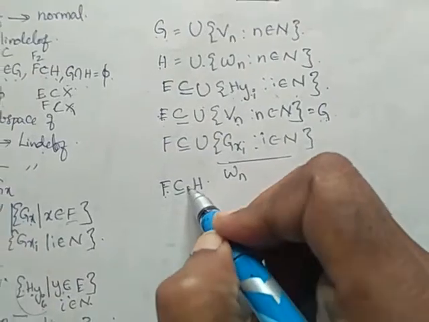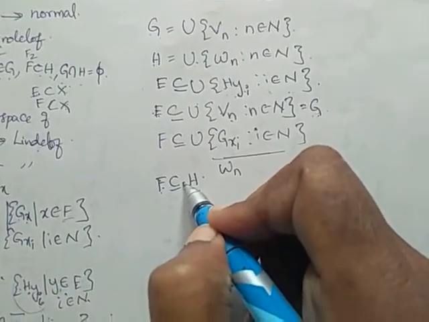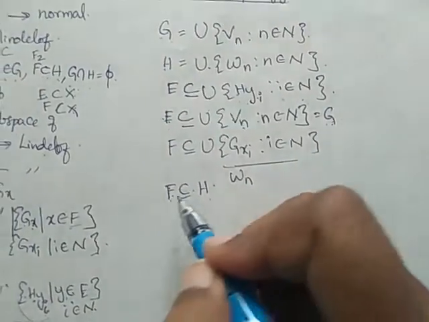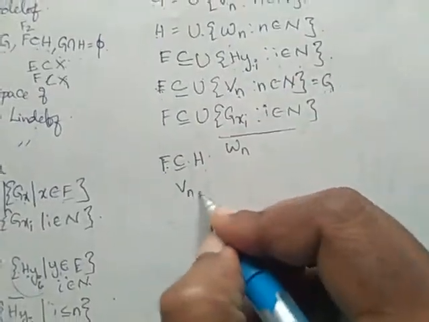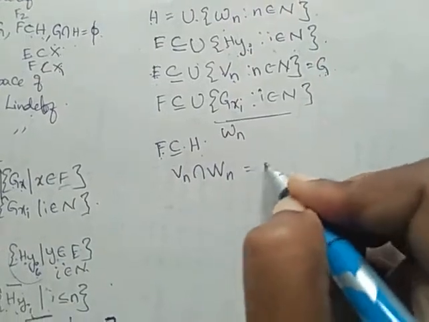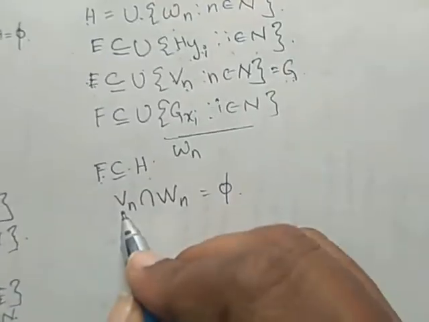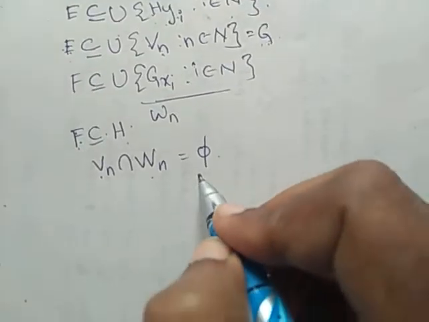Intersection of G and H is the null set, because intersection of Vn and Wn is the null set. This is totally Hyi. This is totally Gxi. Right? Therefore, Vn intersection Wn is the null set.